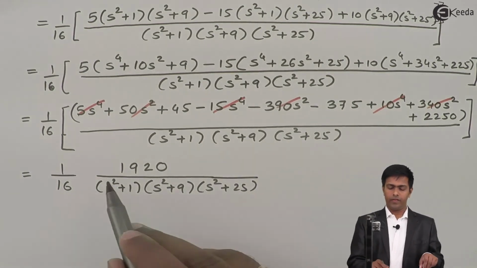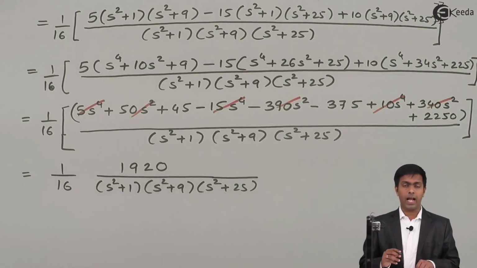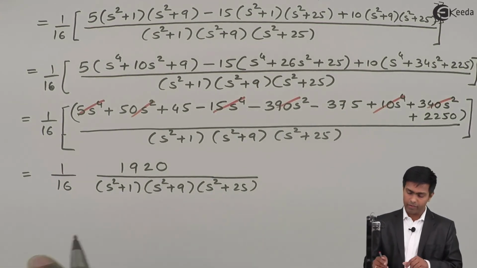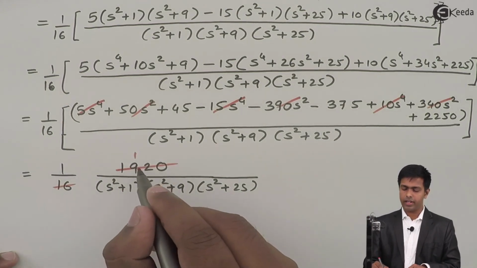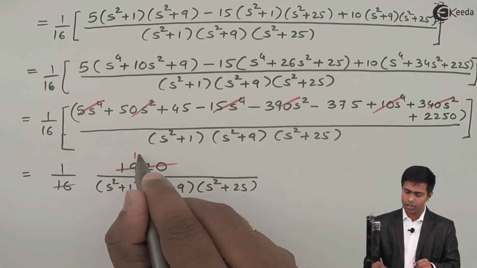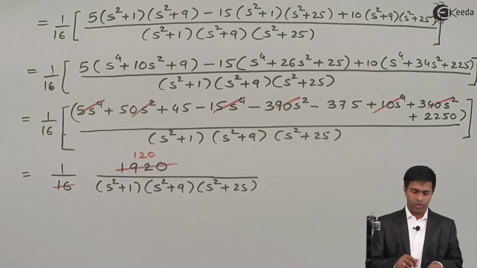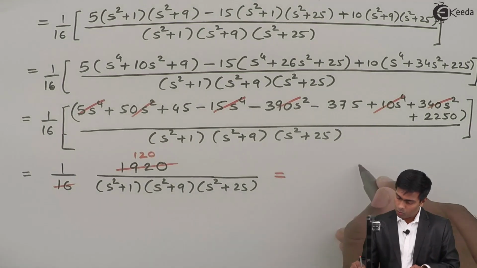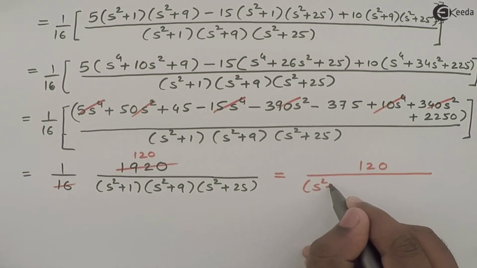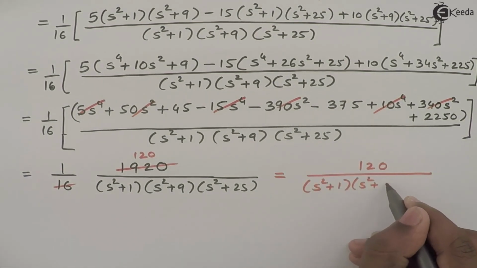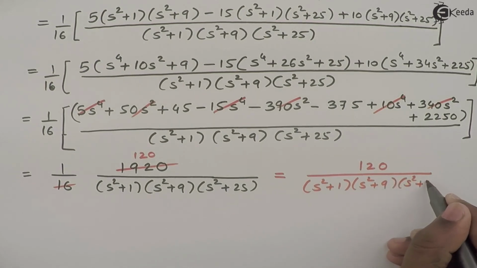Now here we'll divide this 1920 by 16, and by doing that we'll get 16 ones is 16, we got 3 as carry, 16 twos are 32 and 0, 120. So it means here we'll get 120 upon this 3 bracket, that is s square plus 1, s square plus 9 and s square plus 25.